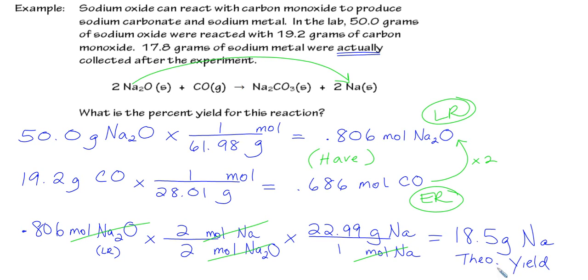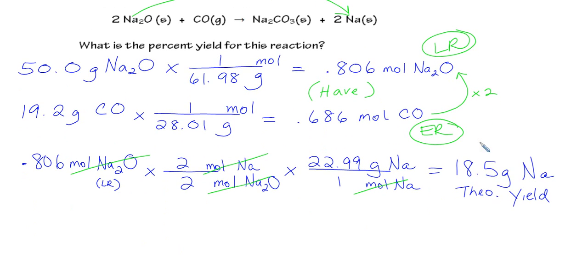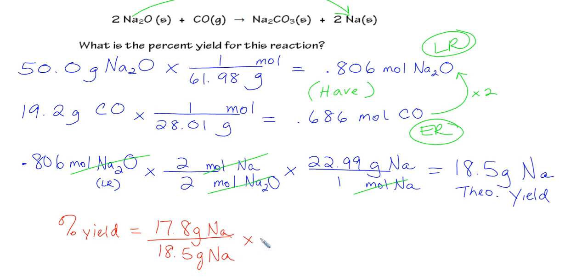I'm supposed to collect about 18.5 grams of sodium. We actually got a little bit less, 17.8. Not bad. Better than the last one. Percent yield. The actual, which was given to me up in the problem, the 17.8 grams of sodium, divided by the theoretical, which is calculated, grams of sodium, times 100.